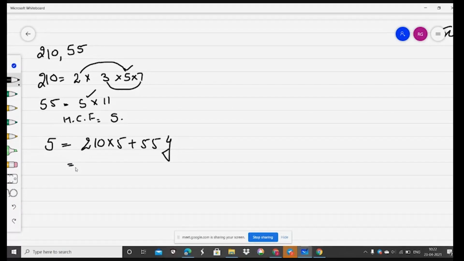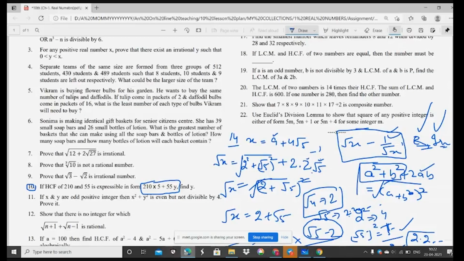Why is this equal to 5? Okay, very good. Let's see the question. If the HCF of this and this is expressible in the form of this, their HCF is equal to this. This is given to us only. Yes, ma'am. We found the HCF with the help of calculation.